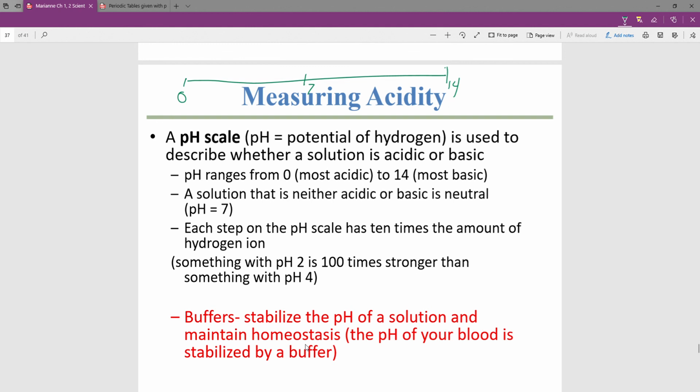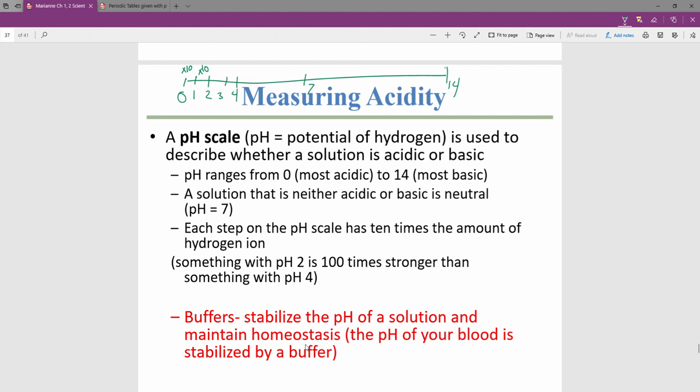So if you've taken Math 12, or remember taking Math 12, what we're talking about is every step along here is a change in hydrogen concentration times 10. So if we were to move from 2 to 1, there's 10 times more hydrogen ion concentration.